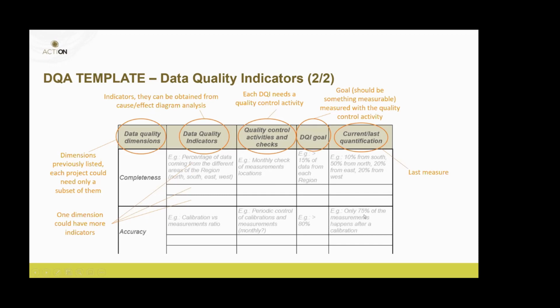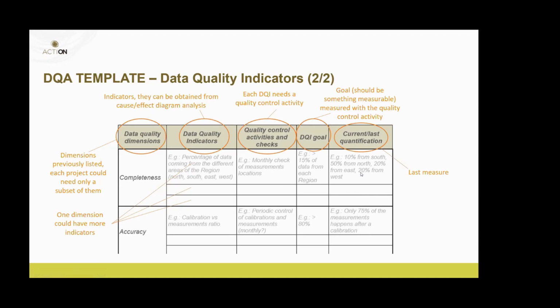You can update this current last quantification each time you reiterate this quality control activity check. So if I do this action monthly, I will update this cell monthly. And if this activity is each 6 months, then this cell will be updated each 6 months.